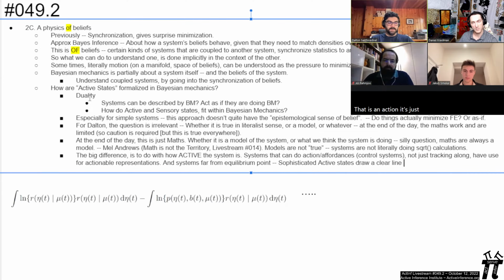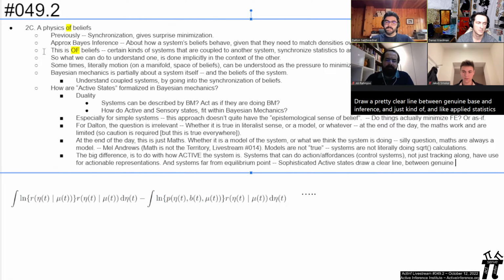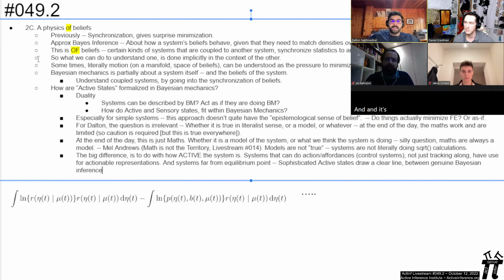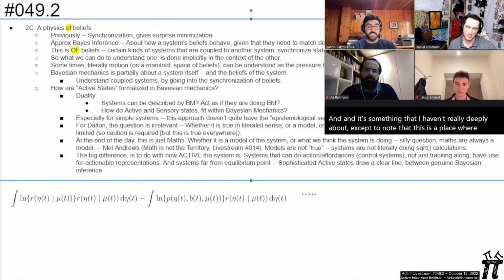It's just not a very interesting one. But sophisticated active states draw a pretty clear line between genuine Bayesian inference and just applied statistics, so to speak. And it's something that I haven't really thought deeply about, except to note that this is a place where there is a distinction to be made.